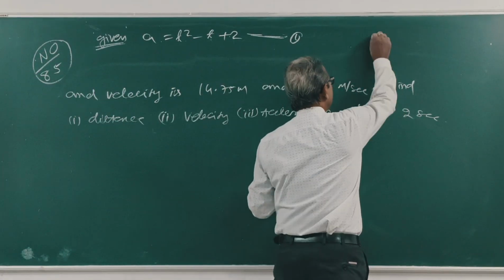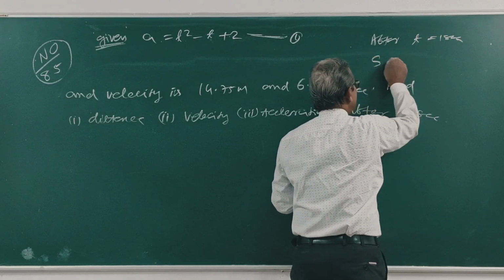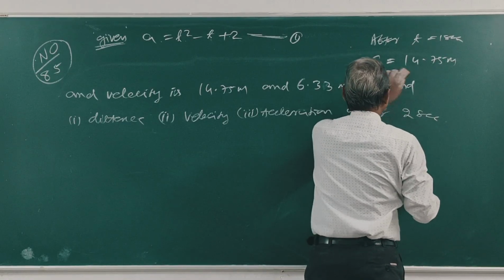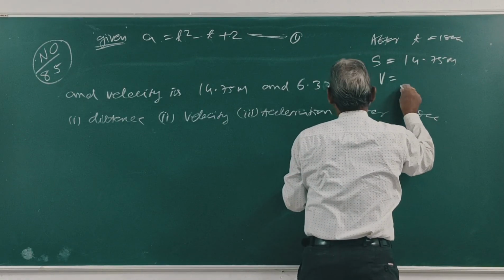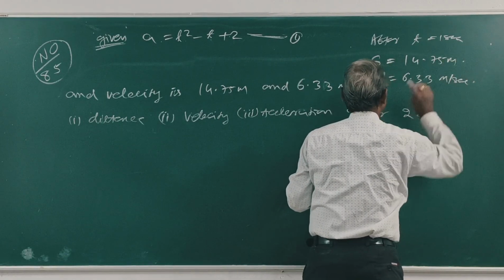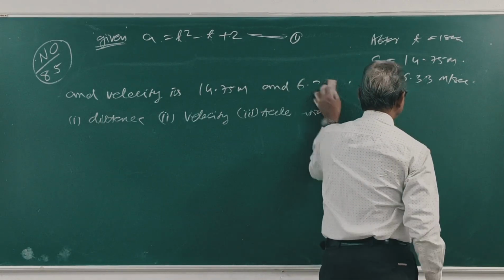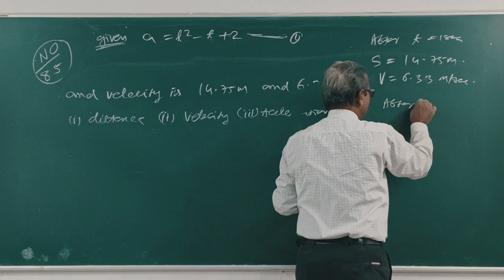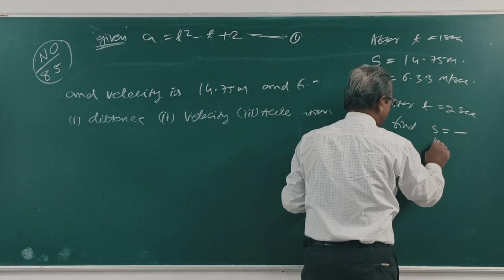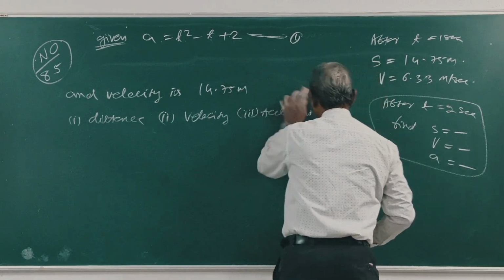After T equal to 1 second, S is equal to 14.75 meter, V is equal to 6.33 meter per second. Clear? Find velocity, acceleration, displacement after 2 seconds. So after T equal to 2 seconds, find S, velocity, acceleration. Clear? See the question.